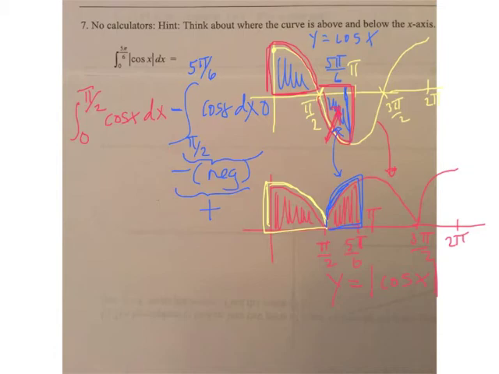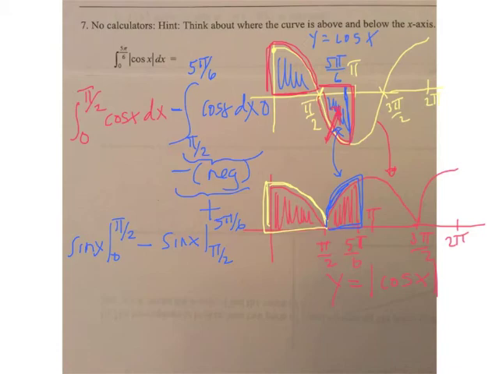So the integral of cosine x is a positive sine x from 0 to pi over 2 minus sine x from pi over 2 to 5 pi over 6. Be very careful with these numbers.